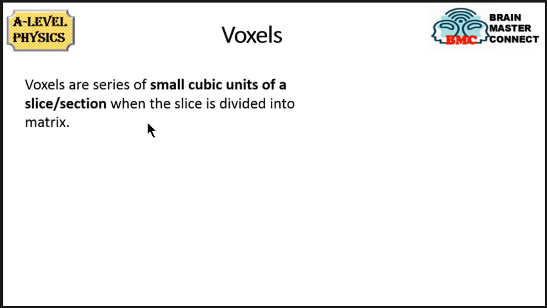I've said that earlier, that is when we divide a section, that's when we can have Voxels. When we divide a section, we are still going to have some cubic shape, but those cubic shapes will not be as large as the whole body, so they are referred to as small cubic units of a section when divided into a matrix.